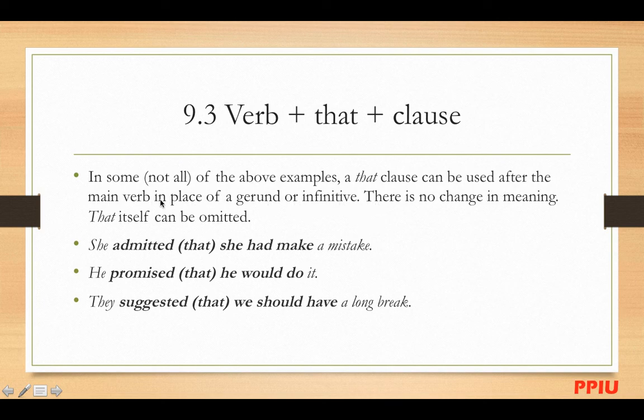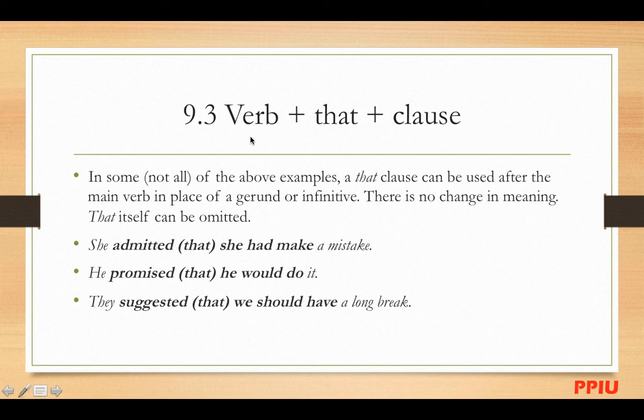So instead of a gerund or infinitive, sometimes we can use that as well, but there is no change in meaning. That itself can be omitted. So sometimes we can use the that-clause here, and sometimes the word that is omitted, and the meaning is still the same.